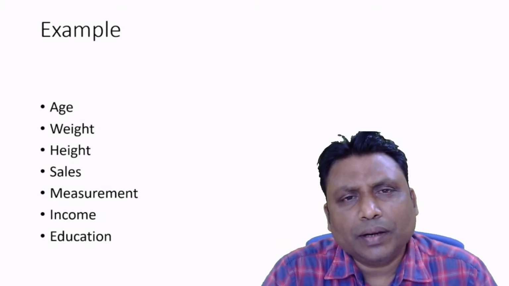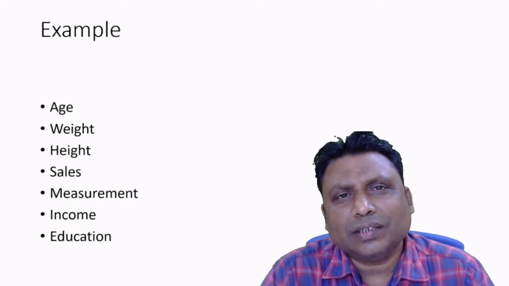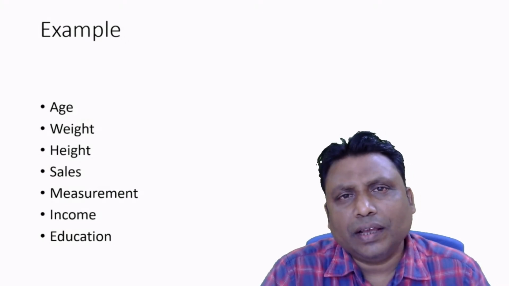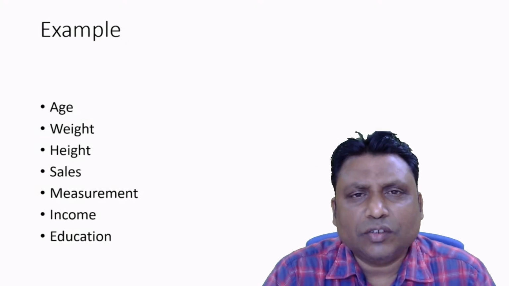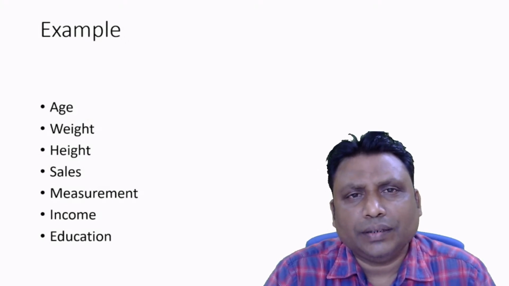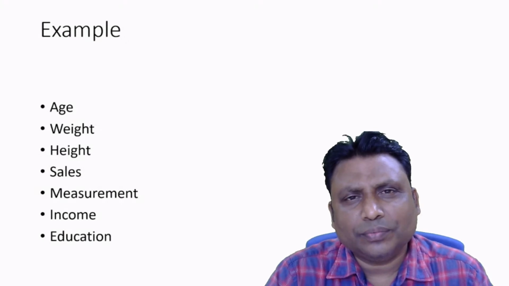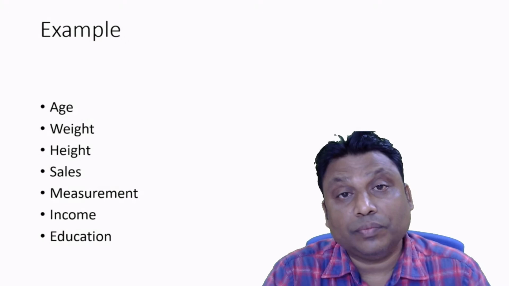At that time, you have to check the ratio scale, or sometimes the interval scale. Now you have to define and categorize the age groups: less than 10, one group, then 10 to 20, another group, 20 to 30, 30 to 40, 40 to 50, and more than 50, each another group.